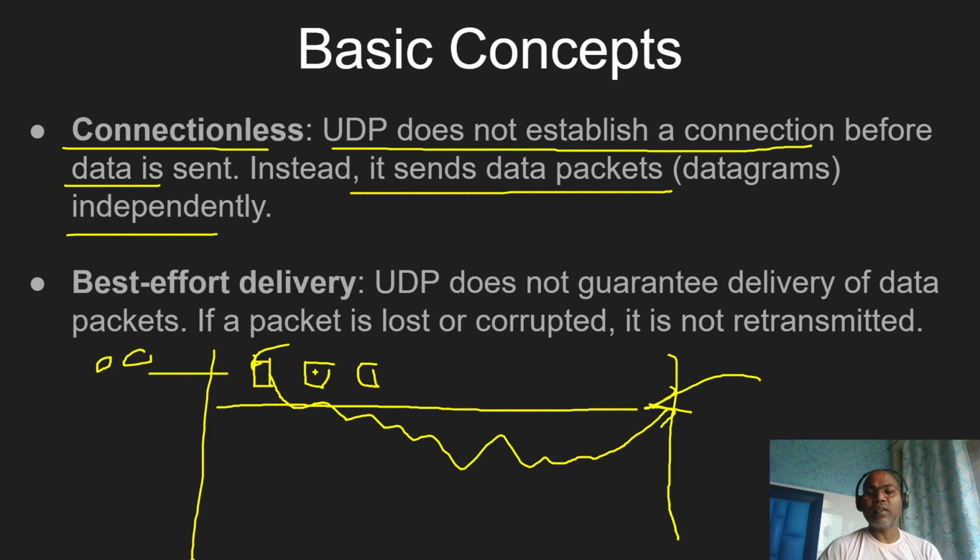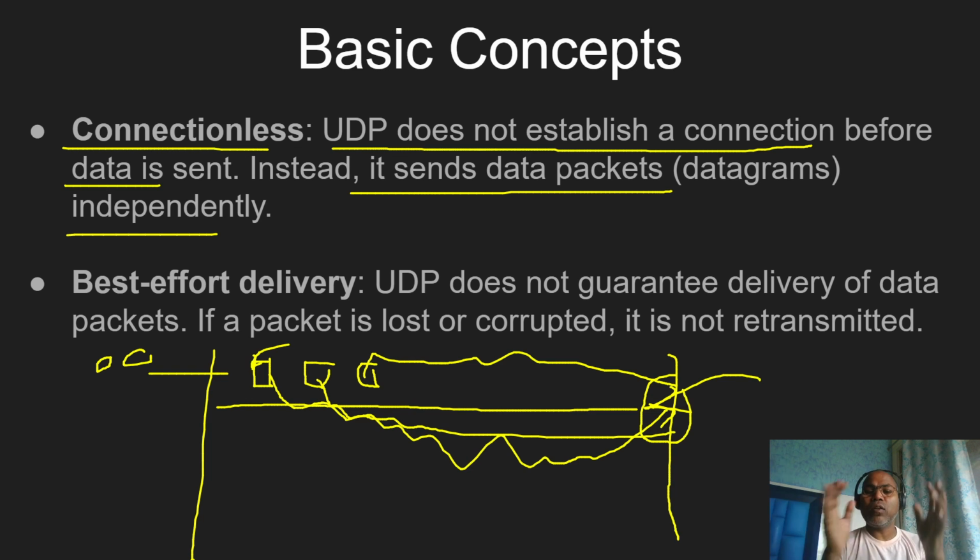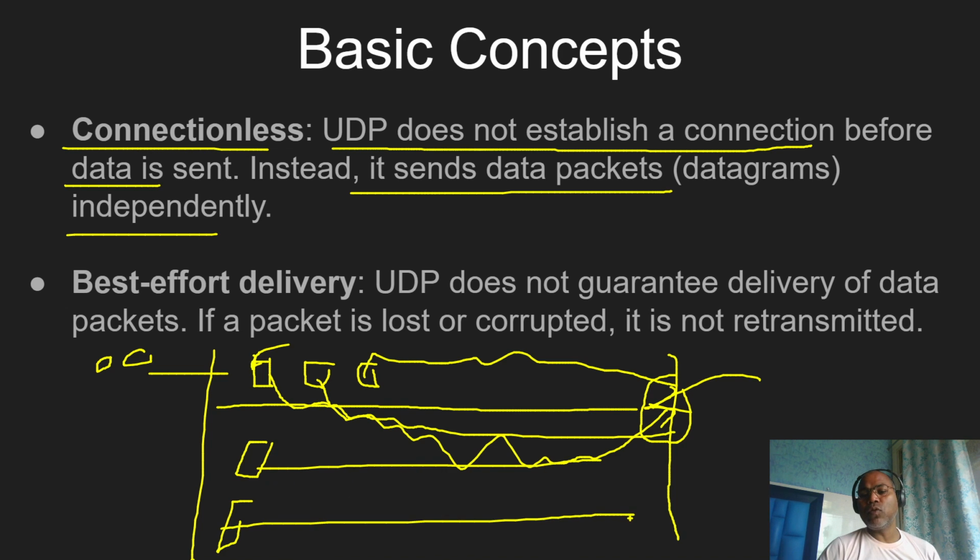Each packet may follow the same route, or one may follow a different route to reach the destination. Each data packet you send contains sufficient information: this is the sender IP, this is the receiver IP, and this is the port I am going to communicate with. Because the packets can follow different paths, there might be network congestion.